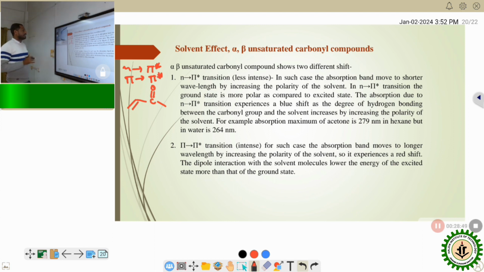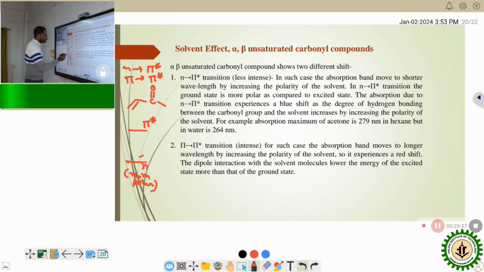In the case of n to pi star transition, the absorption band moves towards shorter wavelength. Why is it shifted towards shorter wavelength? In n to pi star transition, this is the non-bonding level and this is the pi star level, in a non-polar solvent. If we increase the polarity, what is the effect? With increased polarity, the non-bonding orbital is more stabilized due to hydrogen bonding interaction.